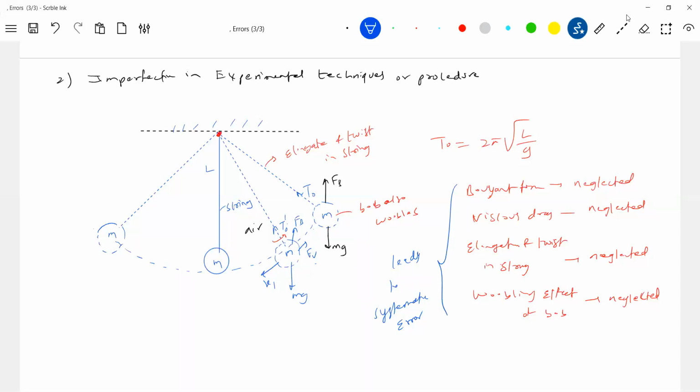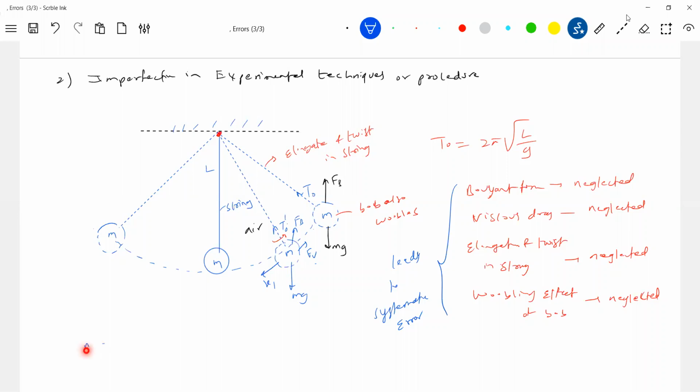Next, after this, we should also consider the effect of humidity and temperature. As temperature varies, the bob dimensions change. It's a metal bob, so its diameter will increase. The string will have some expansion.